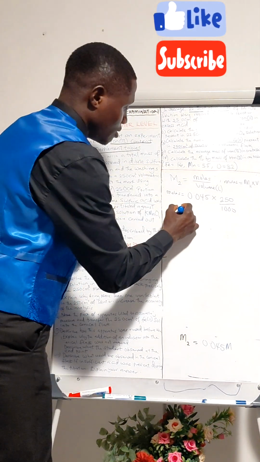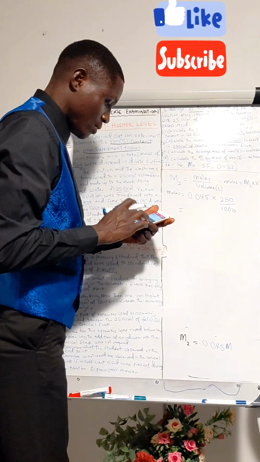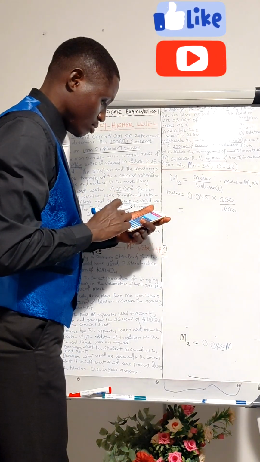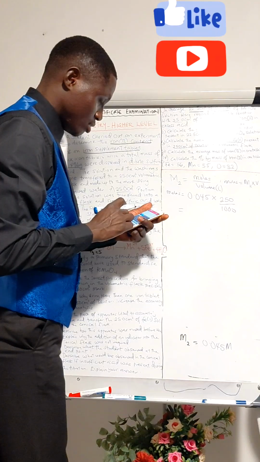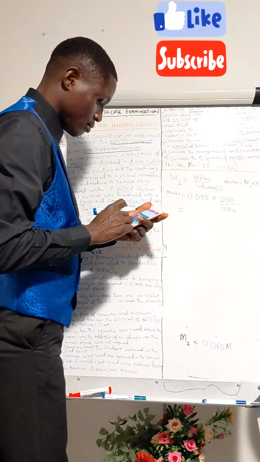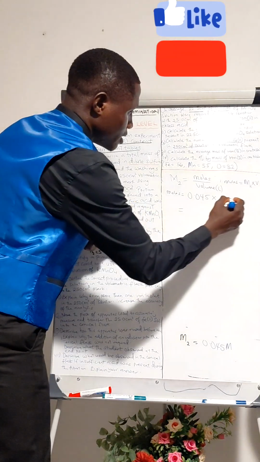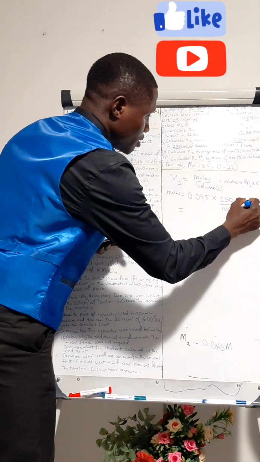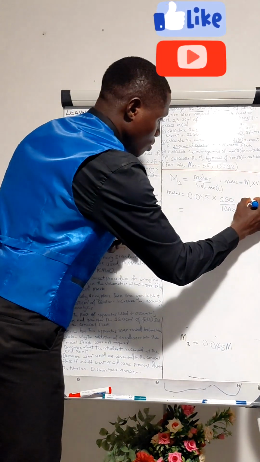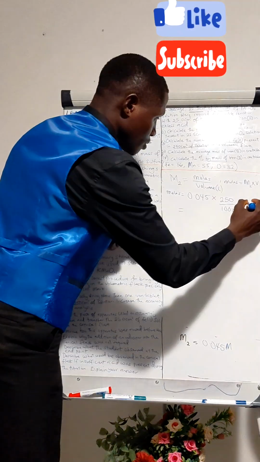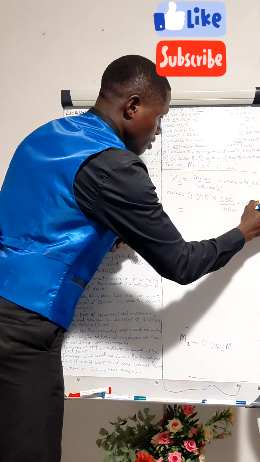If I press my calculator, 0.045 times 250 divided by 1000, I get 0.01125 moles.